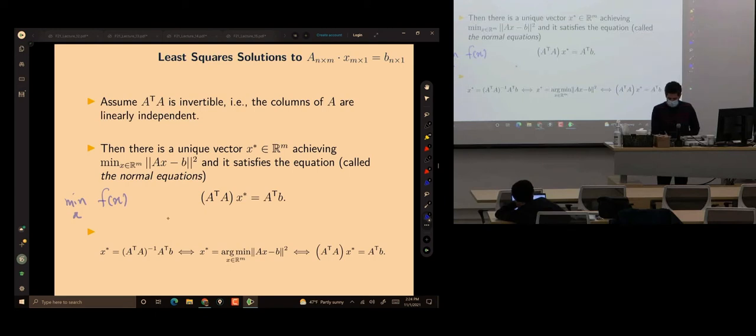However, when I say argmin of f of x over x, I mean minimize f, but give me the x at which f was minimum. This gives you the argument of f. So argmin gives you the x, but min just gives you the minimum value of f.